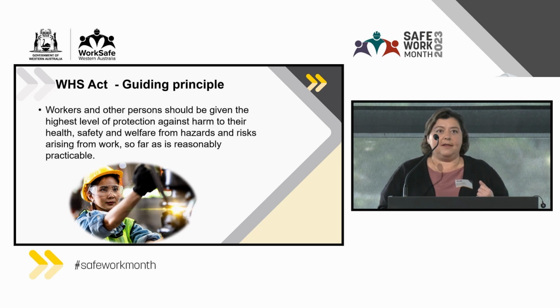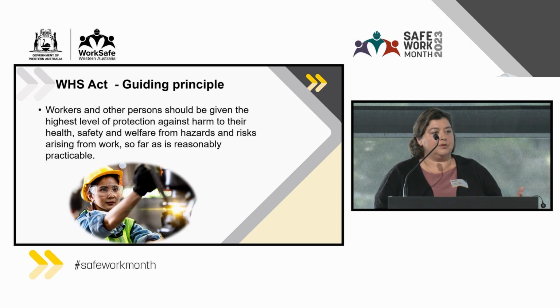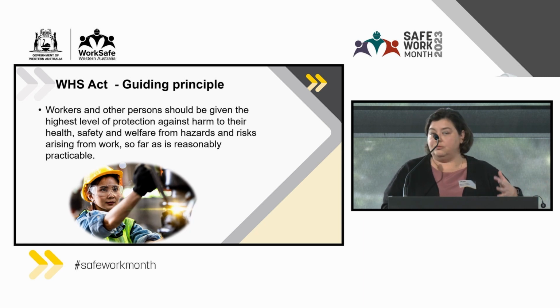So where we know about the hazard and we know what to do to prevent exposure, then that's what should be our focus, rather than arguing about how precise is our measuring method and does it get to the exposure limit that we're really interested in. We're really trying to minimise exposure so far as is reasonably practicable.